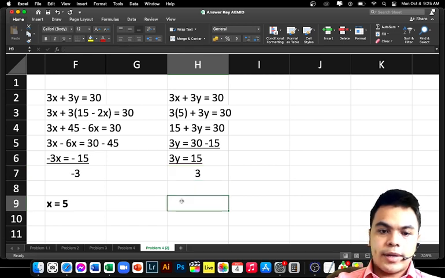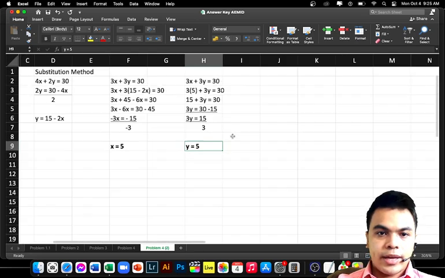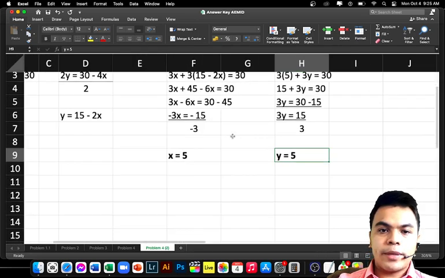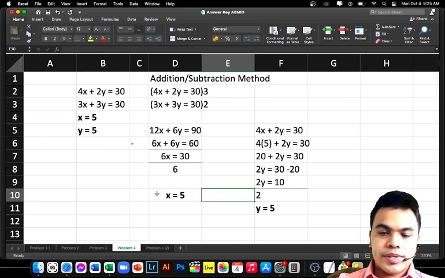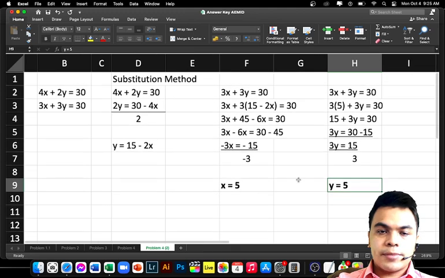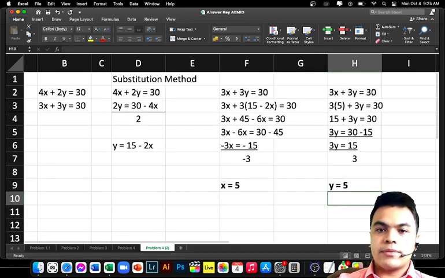Ayan. The value for y is 5. Okay, so we have the same answer, no? Using both methods. The addition and subtraction method, the x is equal to 5 and y is equal to 5. While the substitution method is x is equal to 5 and y is equal to 5. So we will be having the same answer.